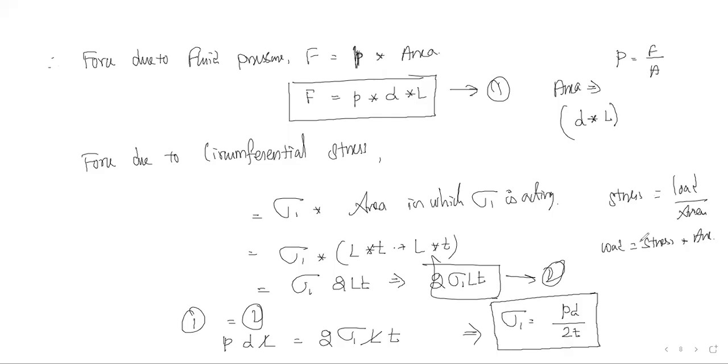This is equation number 3. So if I need the circumferential or hoop stress, I have to use the formula sigma 1 equals pressure intensity into internal diameter divided by 2 times the wall thickness of the thin cylinder.